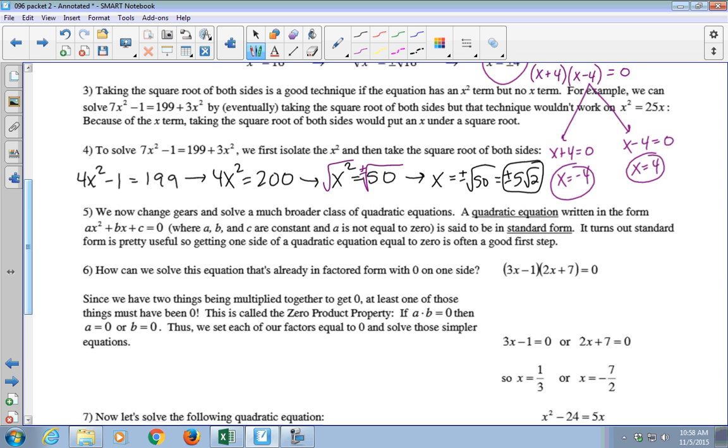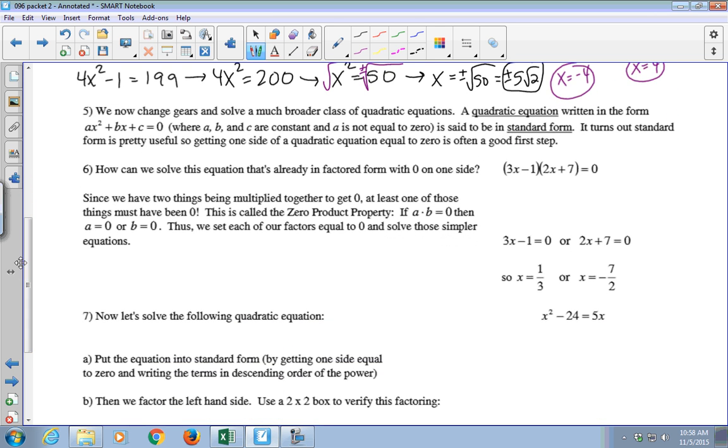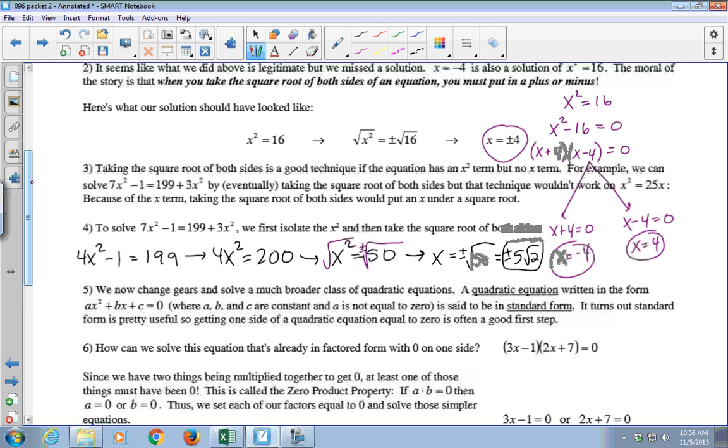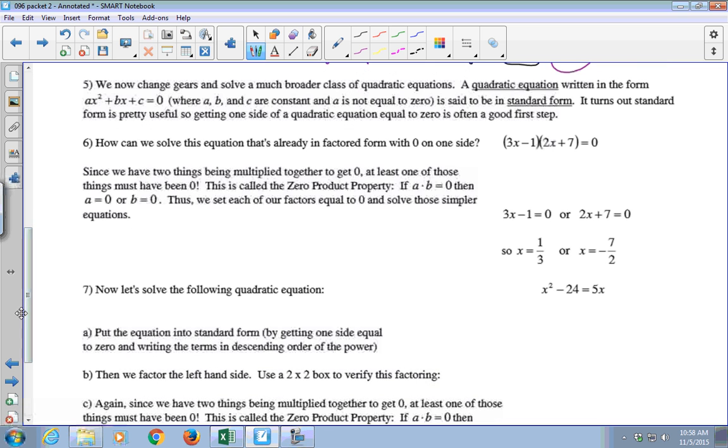All right, but what if it has an x term? We can't do this same just square root both sides method. So if we have an x term, we're going to use this method that Sarah suggested up here, right? We didn't have to use it here because we could have done the square root of both sides. But the reason it's helpful is because it works when you have any x term at all. So basically, you want one side to be 0, right?